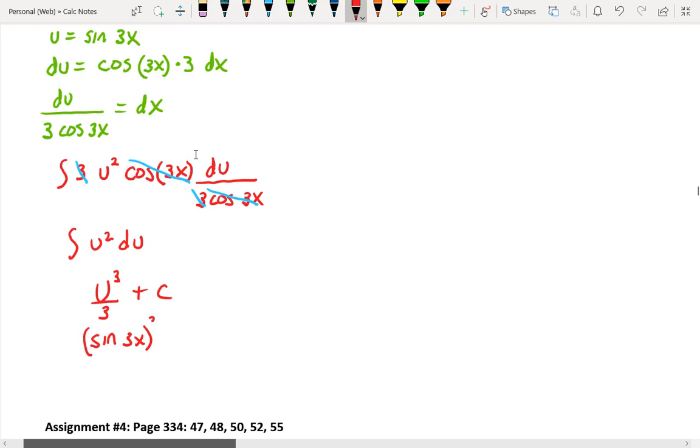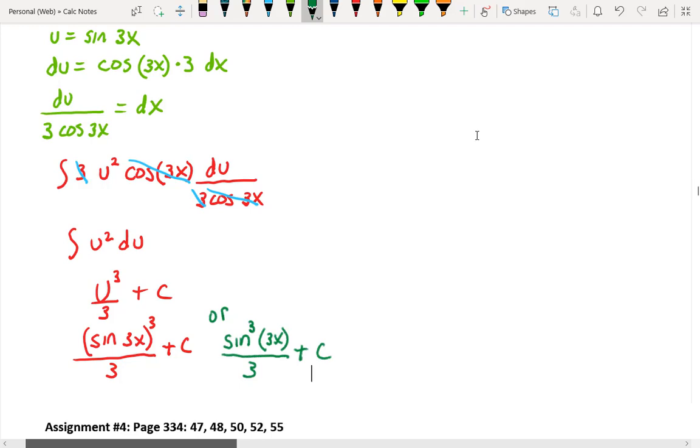To the 3rd power divided by 3 plus c. Or you could also write this as sine cubed of 3x all over 3 plus c. Either one of those would be a valid answer, valid solution.